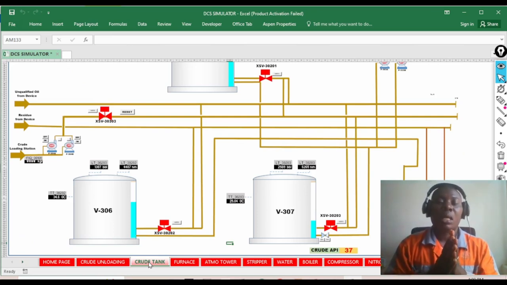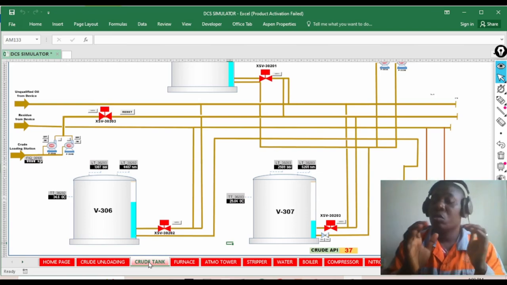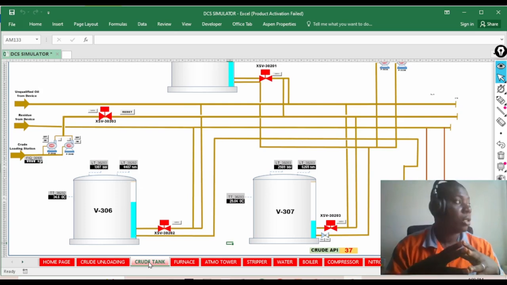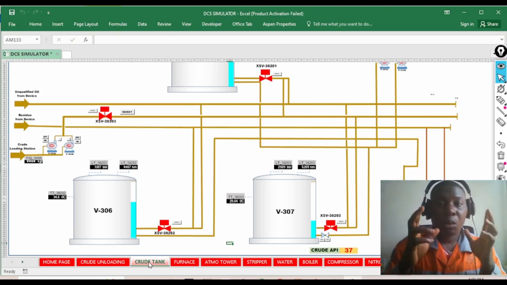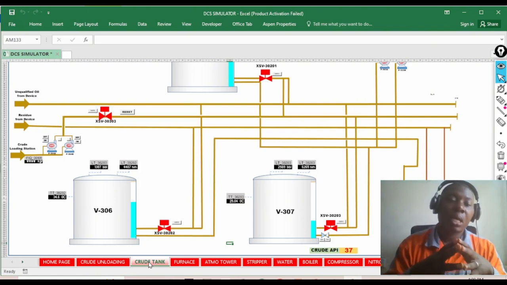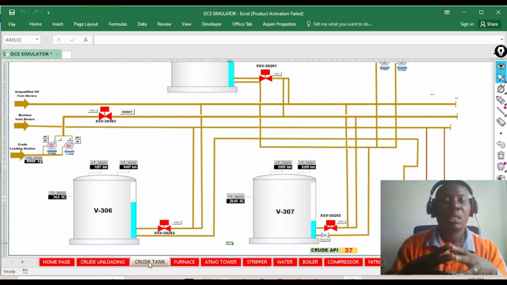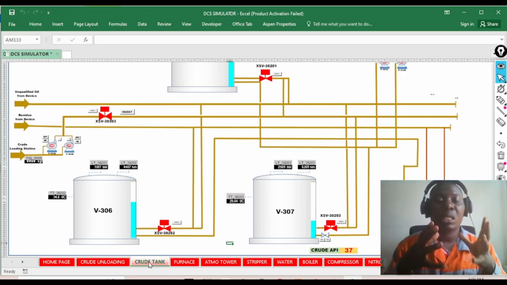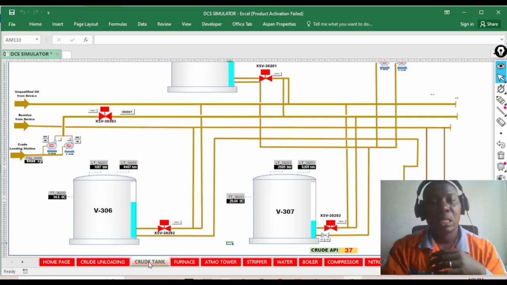All right, now this is not a process safety class, so even though I didn't explain the safety so much, you need to understand that this is not a process safety class. All right, so all we did was to demonstrate different scenarios that can be related to SIS using our DCS simulator.